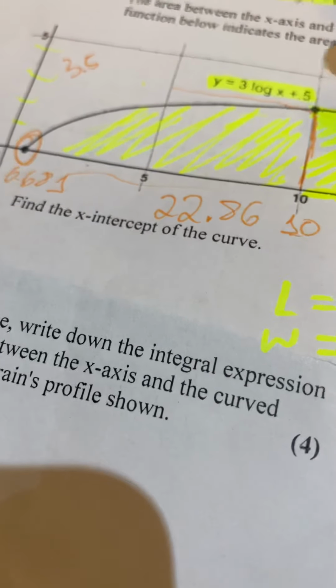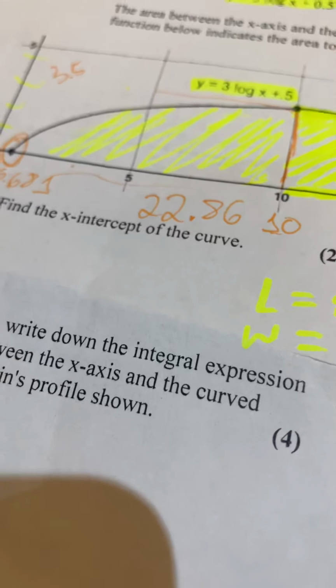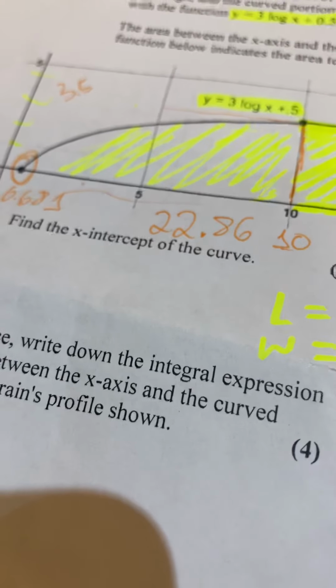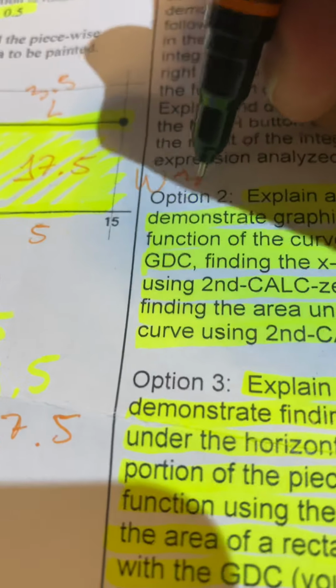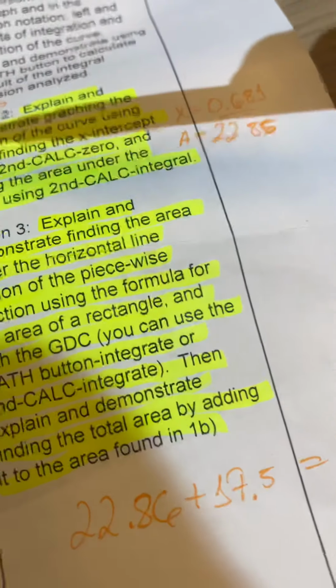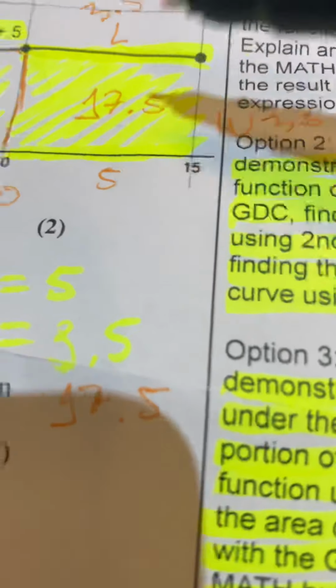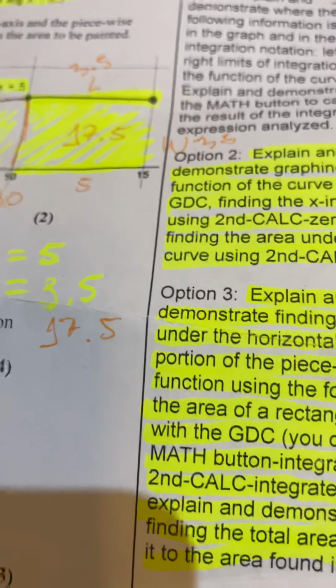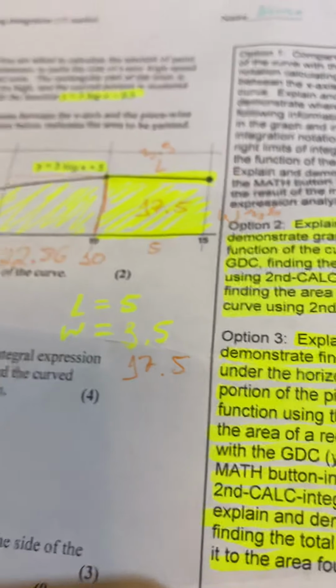We can assume the length is basically the width. The width is 3.5, which is this area over here. The length we get to know it is 5, as we see from over here, it reflects upon the measure, it's 5. So we can already find the answer based on it.